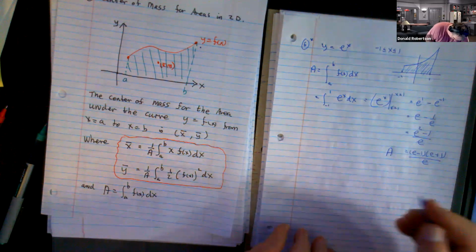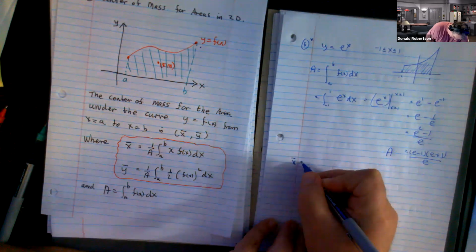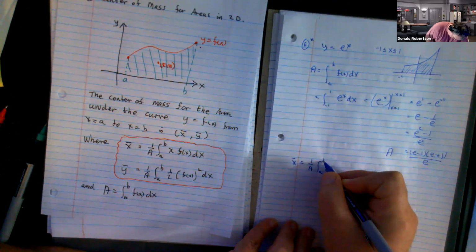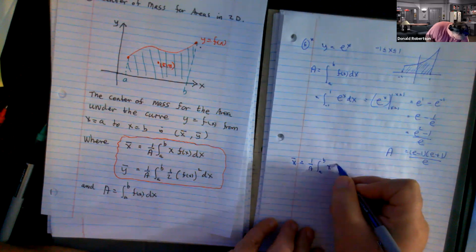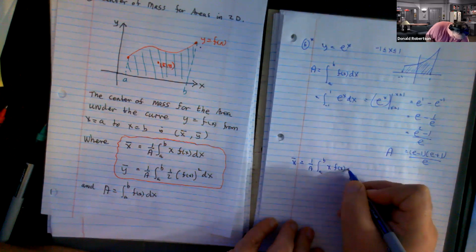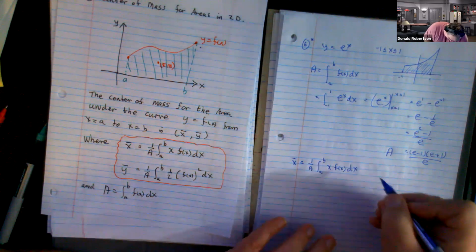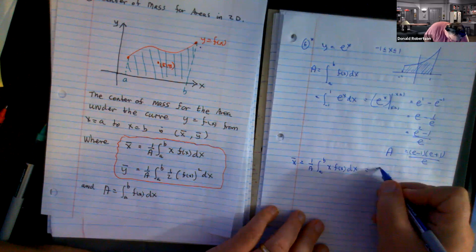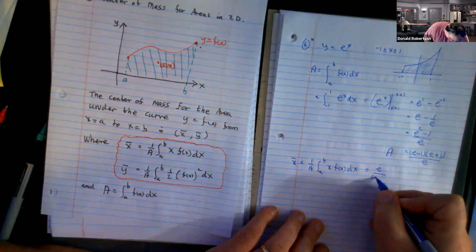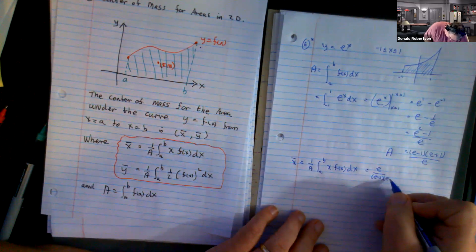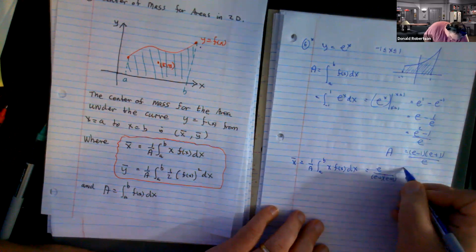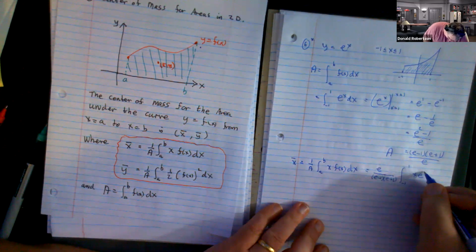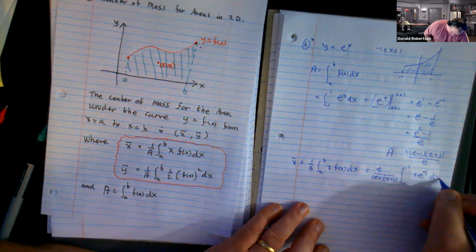So let's get x bar, which is 1 over a, integral from a to b of x, f of x, dx. Now, if you take 1 over this guy, you essentially turn him upside down. You use his reciprocal. So that's helpful. And it's from -1 to 1, and it's going to be x e to the x dx.